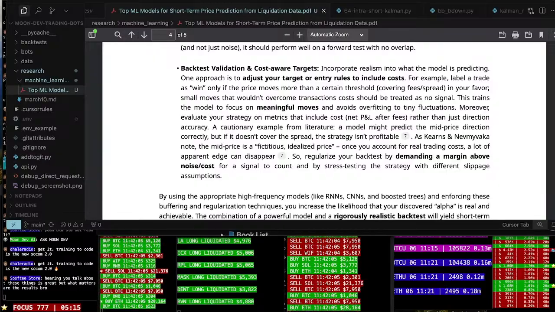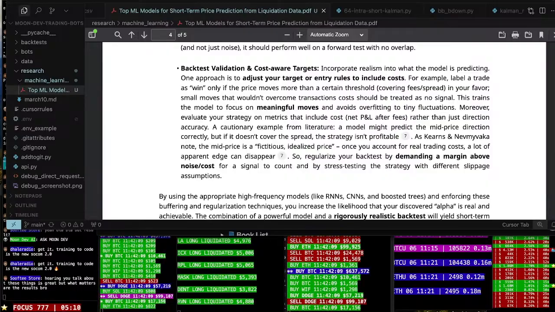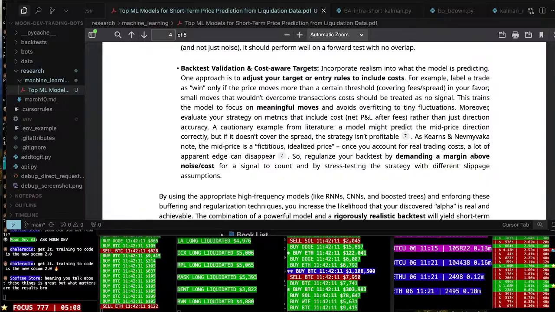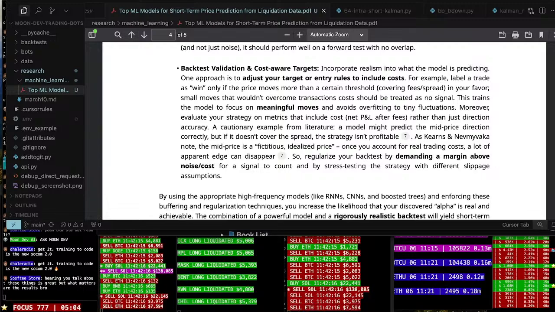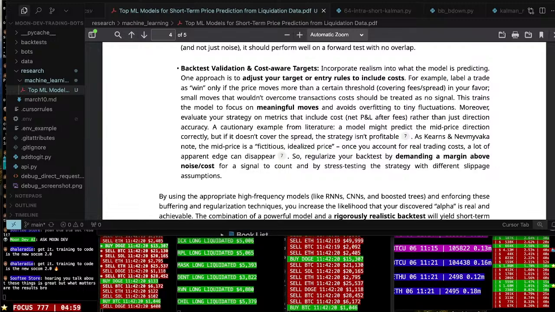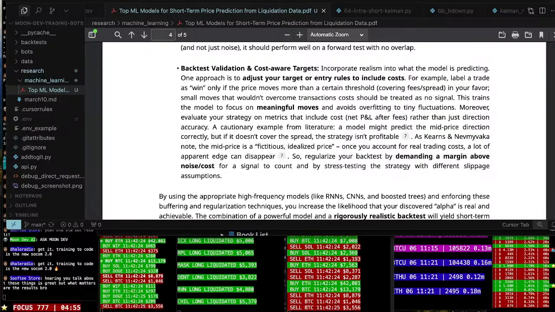Moreover, evaluate your strategy on metrics that include costs, rather than just direction accuracy. A cautionary example from literature: a model might predict the mid-price direction correctly, but if it doesn't cover the spread, the strategy isn't profitable. Facts.